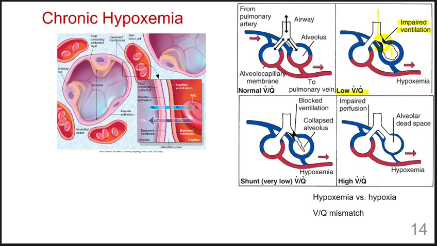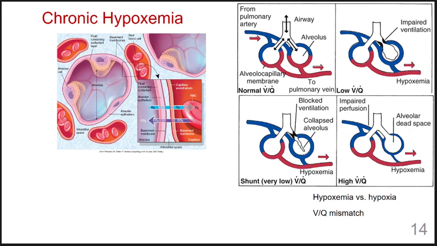And so less oxygen within the alveoli, which means less oxygen gets into the blood, leading to a state of hypoxemia. Now we could go even lower with VQ and say that if there was a complete blockage, then it could cause a collapse of the alveoli where there just is not any airflow getting to the alveoli, again leading to a state of hypoxemia.